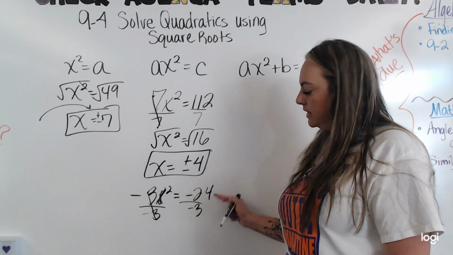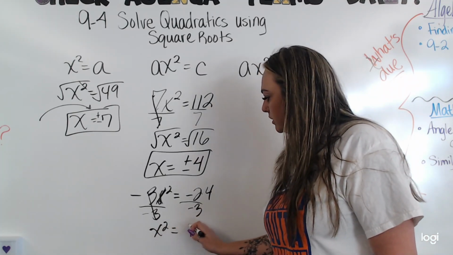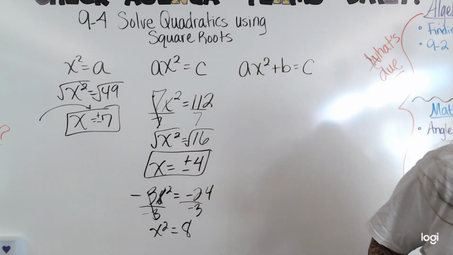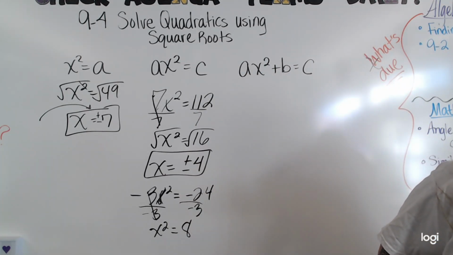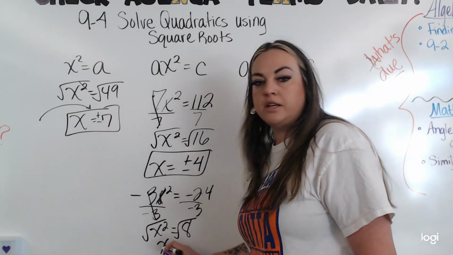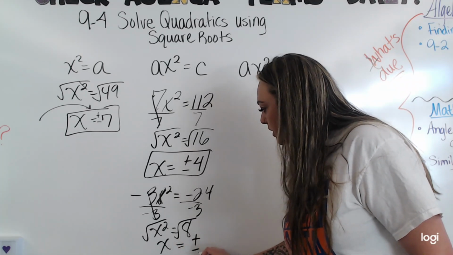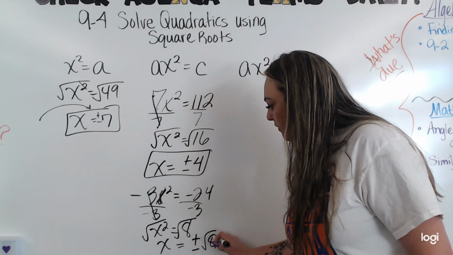And now we can see that this changes to a positive 8. And then we take the square root of both sides. We get x is equal to positive or negative square root of 8.